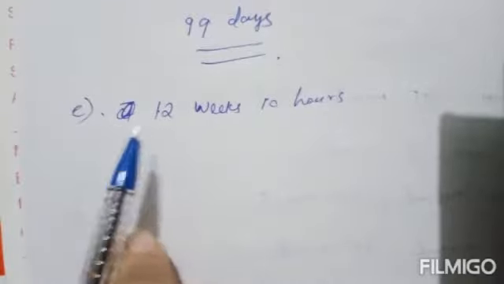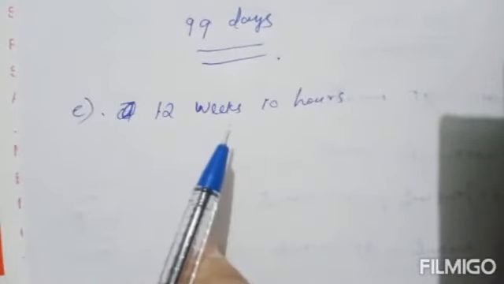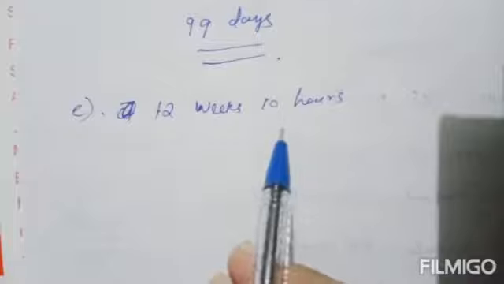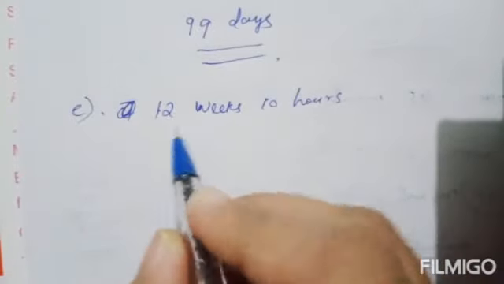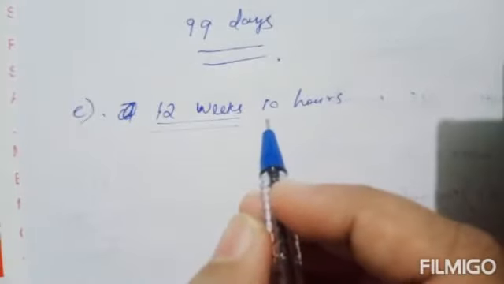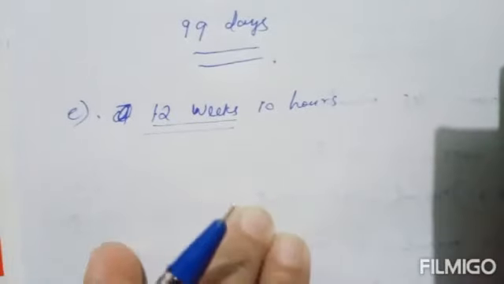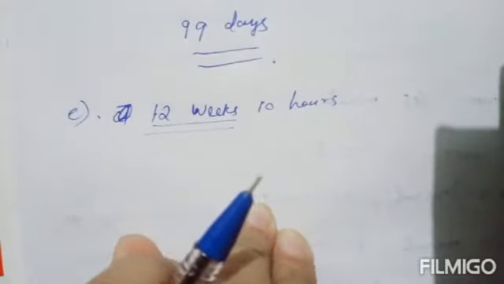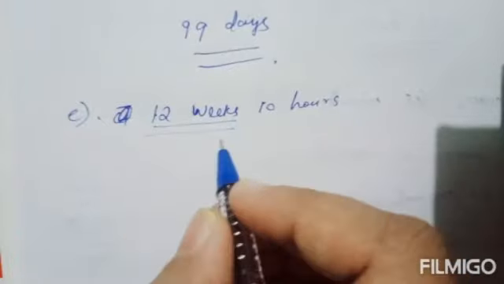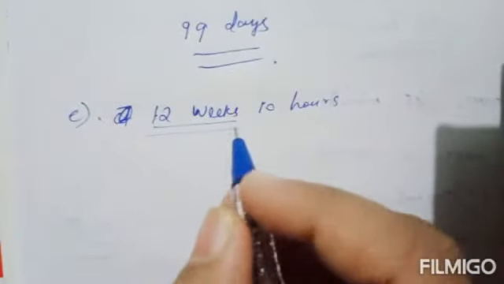In part E, 12 weeks 10 hours, you have to convert into hours. So first let us convert weeks to days, then days to hours. That is better. So 12 weeks, how can you convert to days?